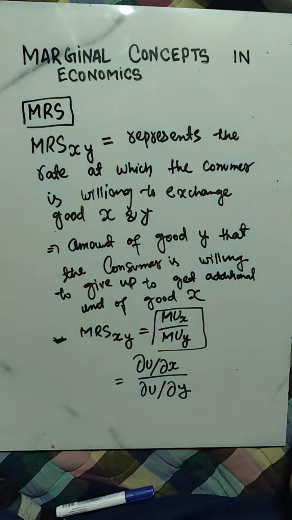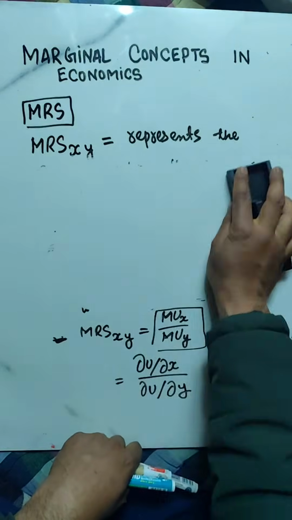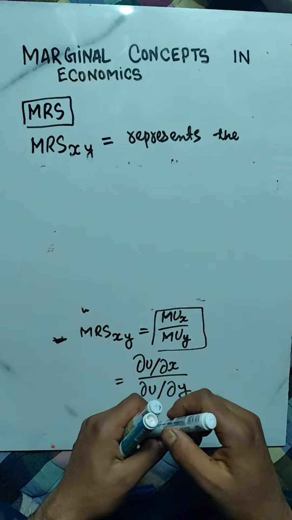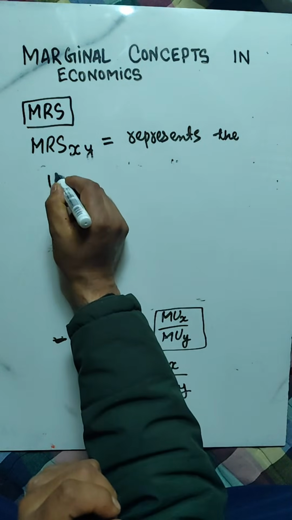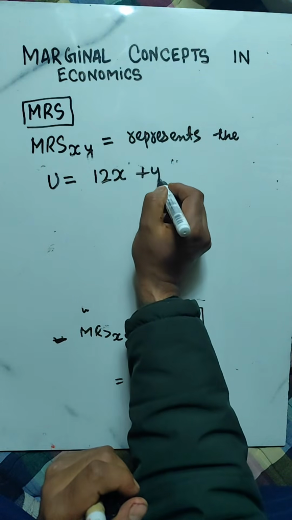So let us take an example. Let us suppose we have the utility function, let us suppose 12x plus y. Let us take a simple one.